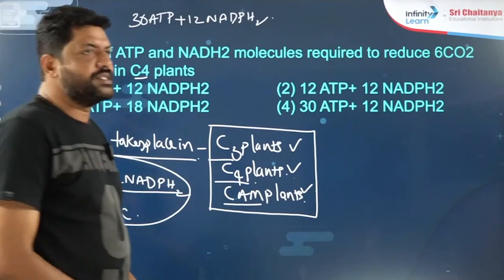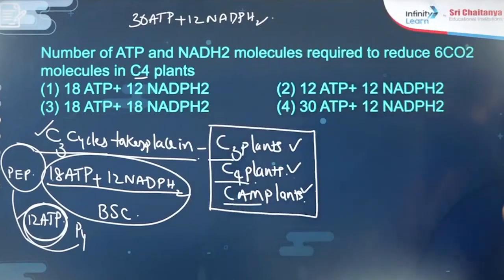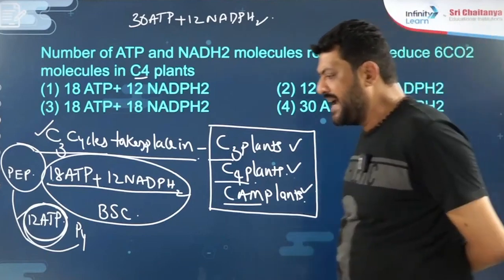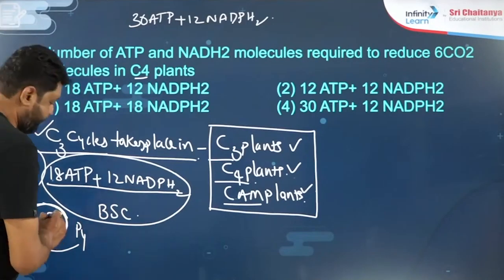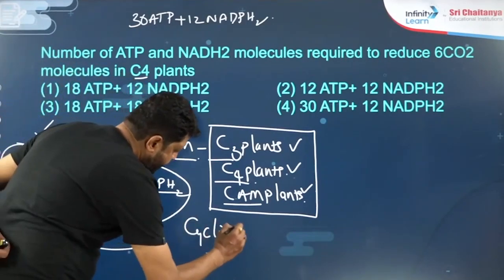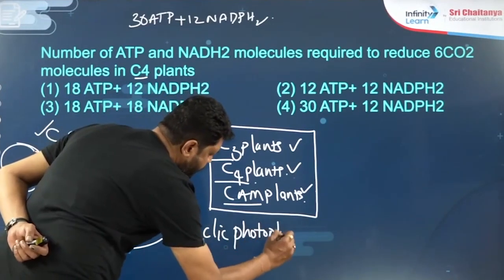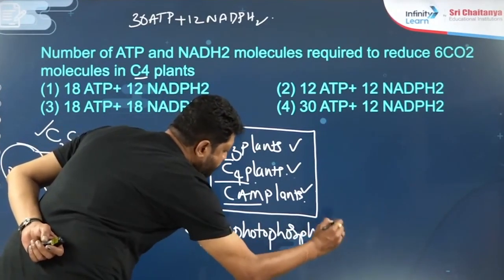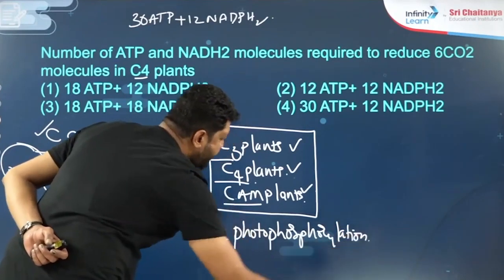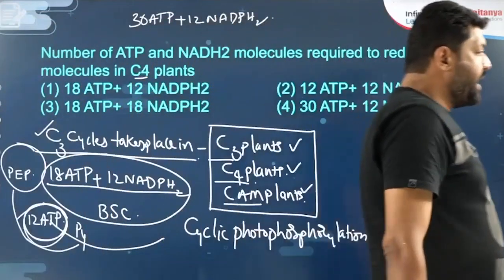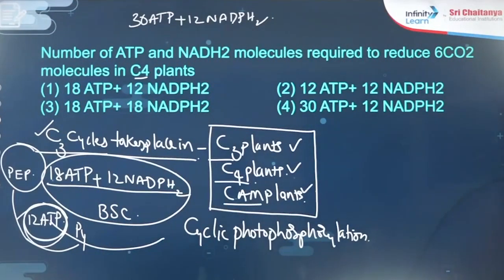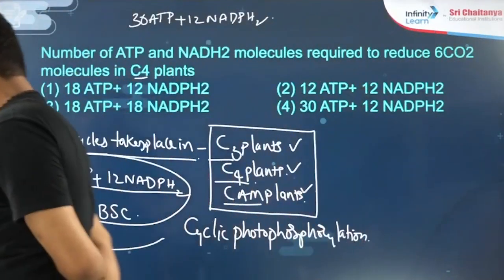This is again a 2016 APMT question. The excess ATP required for C4 plants in comparison with C3 plants is synthesized from cyclic photophosphorylation. Could you now understand? The question is that the additional ATP required for C4 plants in comparison with C3 plants can be synthesized from.